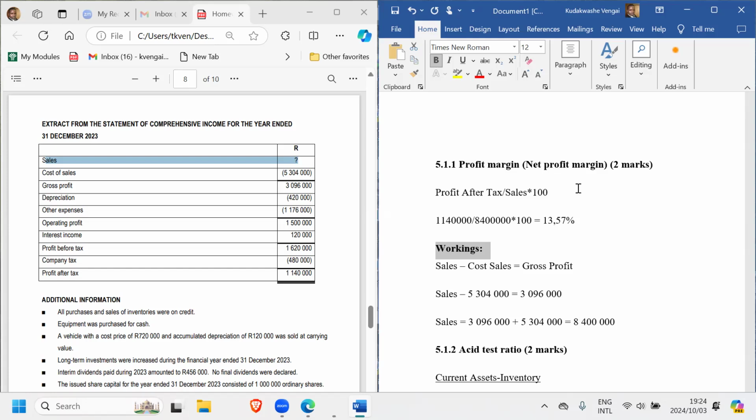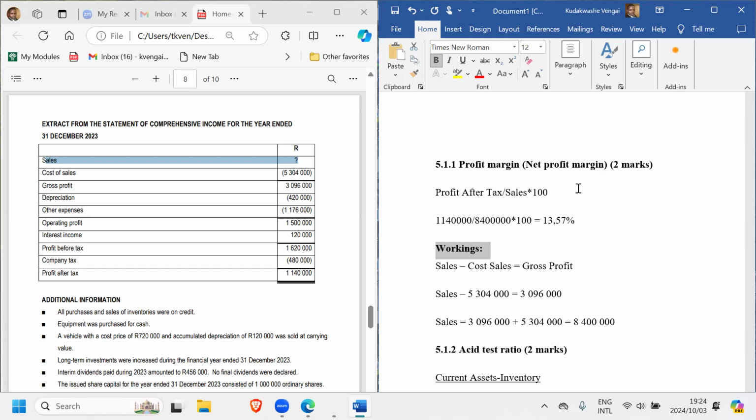However, if he asks you how can we improve the net profit margin ratio? That's a question that he might ask you. For you to be able to improve a net profit margin ratio, you're either going to improve your profit after tax or you're going to improve your sales. So how do you improve your profit after tax?